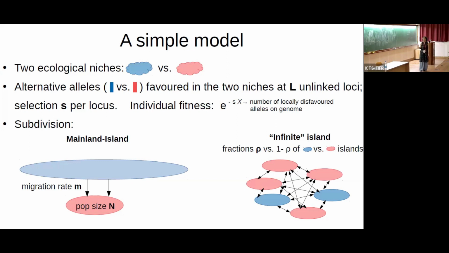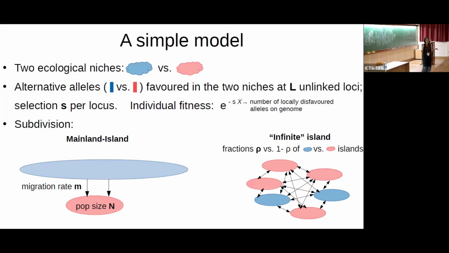So with rate m, an individual leaves its home deme and finds itself on any of these other islands. And I'll assume that some fraction of islands have this blue habitat or niche, and the others have this red habitat or niche. This need not be half and half; it could be some arbitrary fraction.